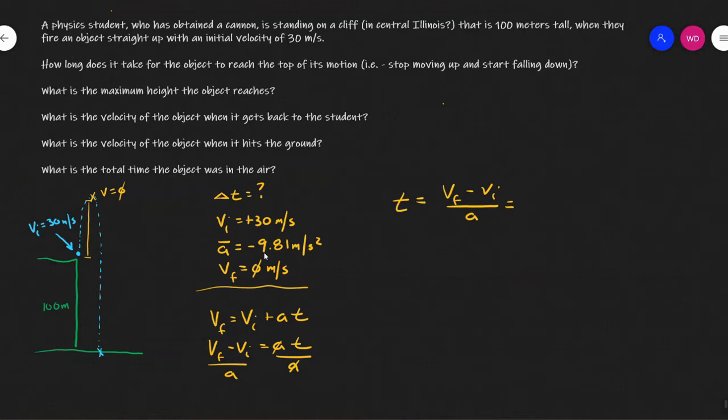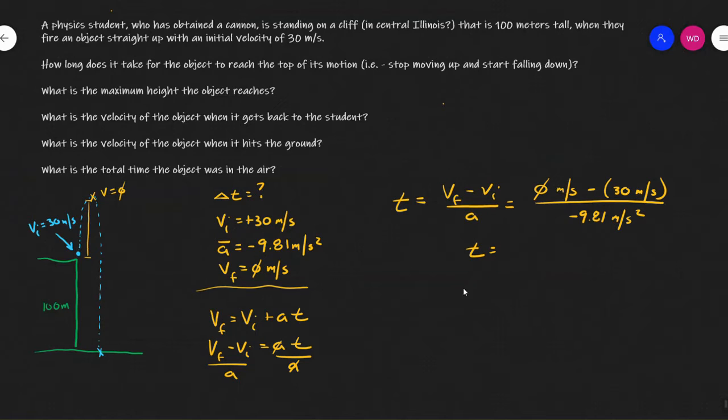In this case, V final is 0 meters per second minus its initial velocity, 30 meters per second, all divided by minus 9.81 meters per second squared. This actually works out well. I've got negative 30 divided by negative 9.81, and a negative divided by a negative is a positive.